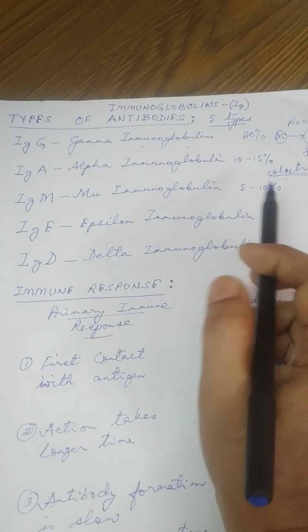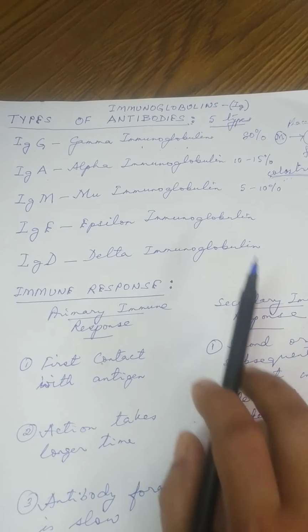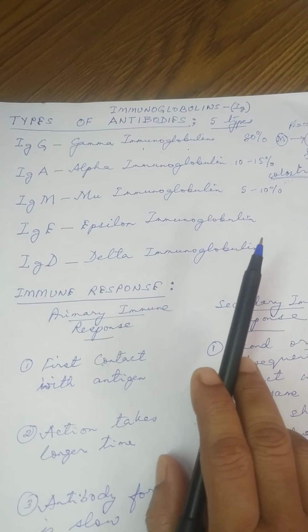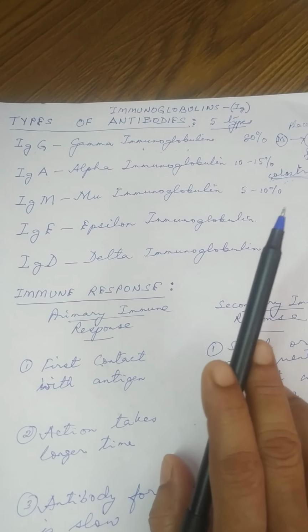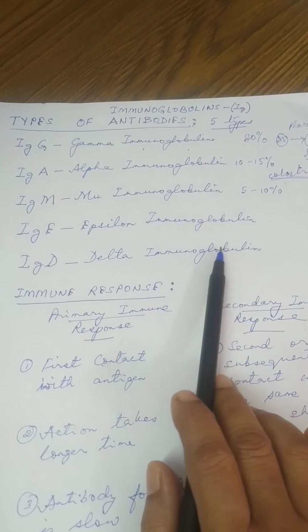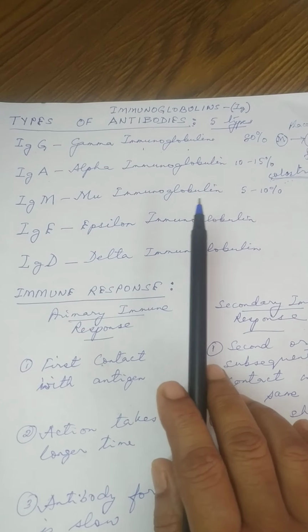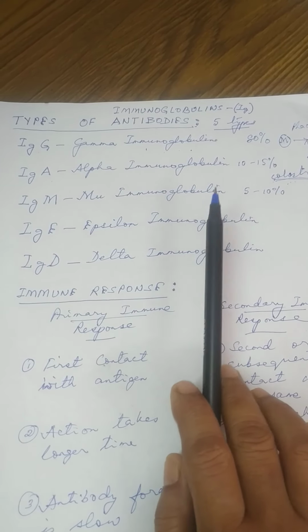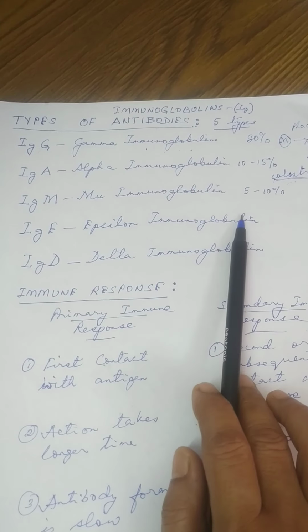And it is the largest immunoglobulin. Remember, it is the largest immunoglobulin that is present in our body, and it is found in lymph.